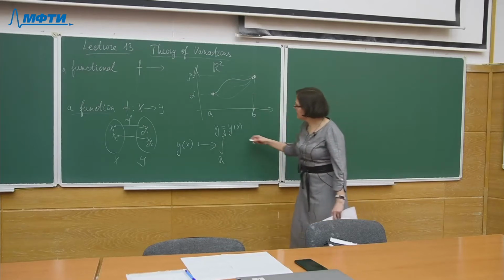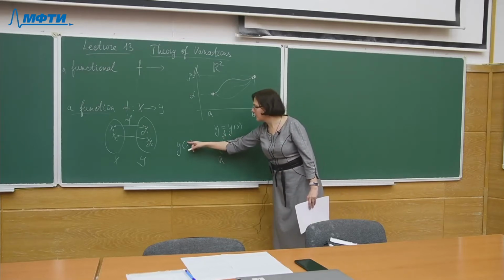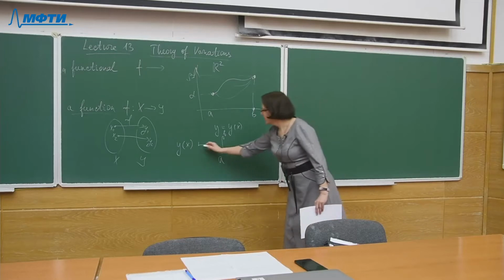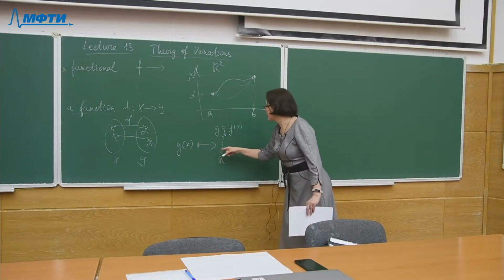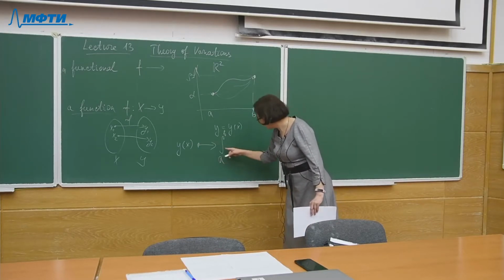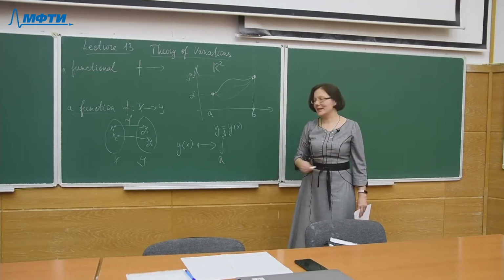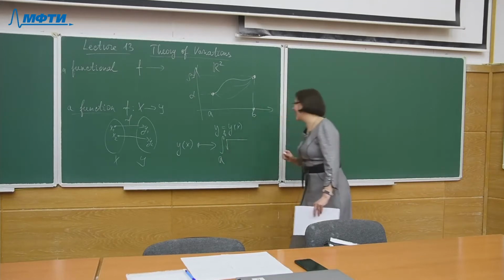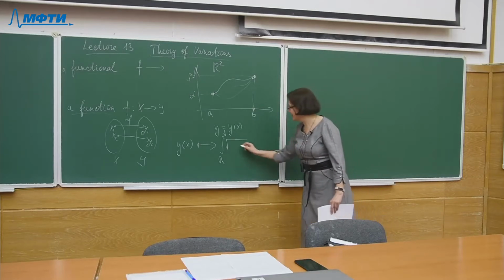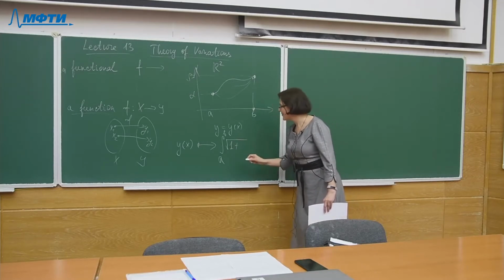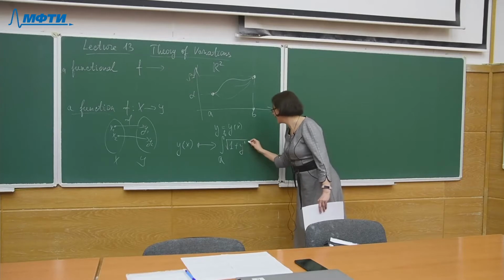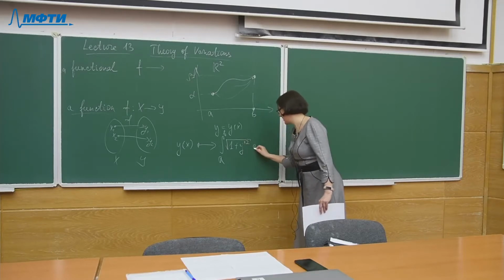And if we speak about only smooth curves, then we need to associate a number, the length of the curve. So the arc length integral is equal to the integral of the square root of 1 plus y prime squared, dx.